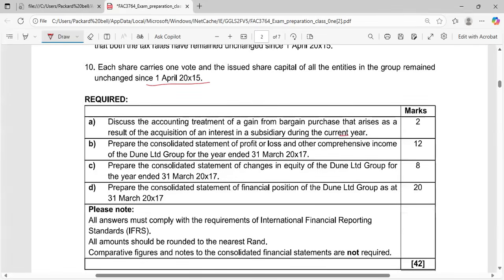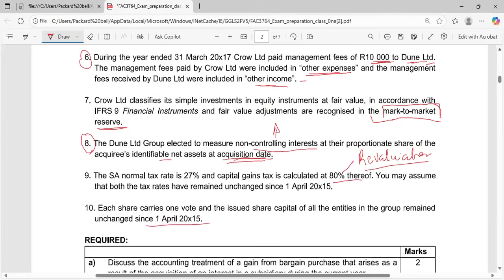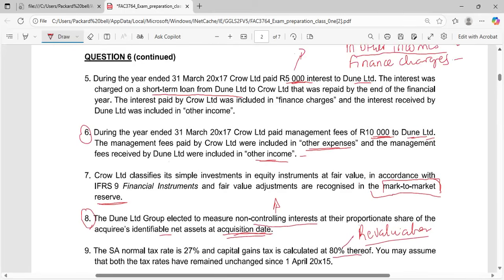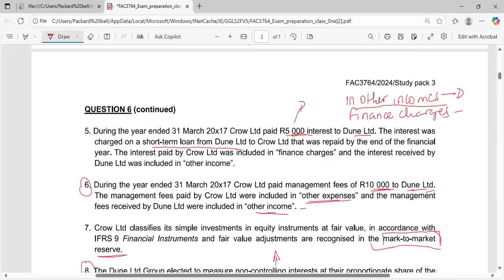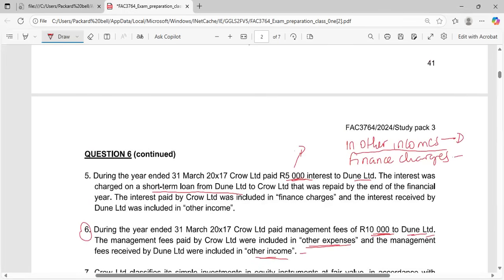Where do we start with our B? We want to do the consolidated statement of profit and loss. Let's check from here.